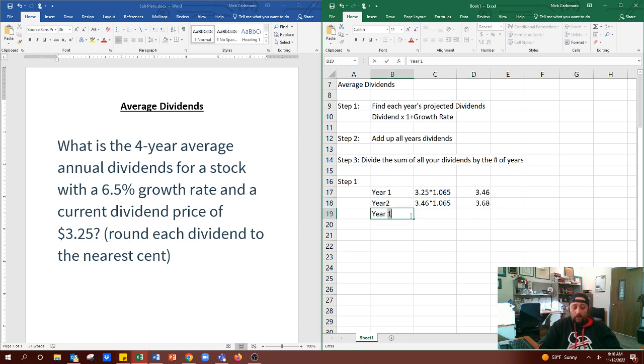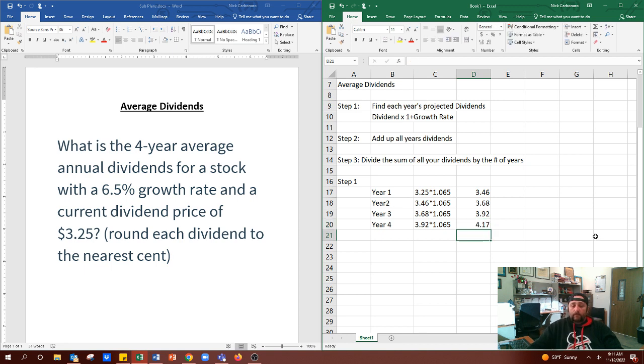We go to year 3. 3.68 times 1.065 is 3.919, so we change that to 3.92 due to rounding. In year 4, we have 3.92 times 1.065, which gets us 4.1748, and we can go 4.17.